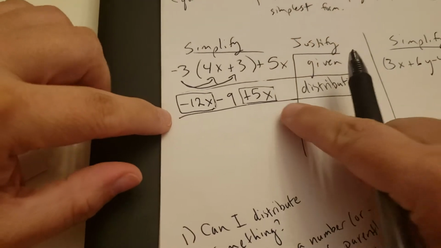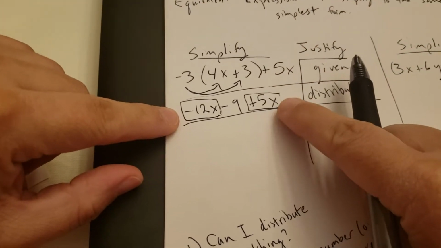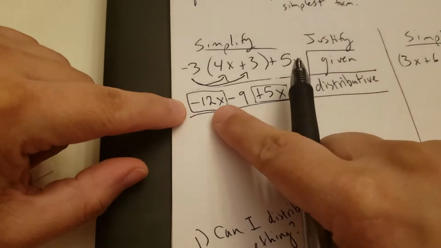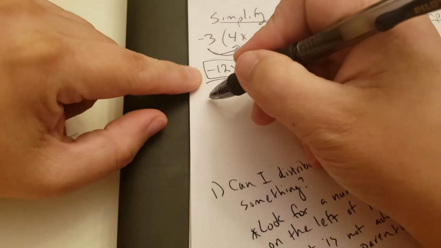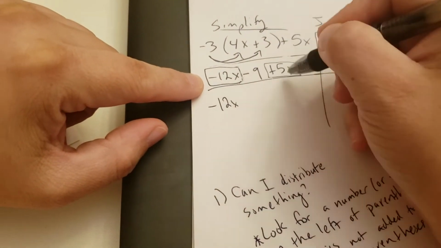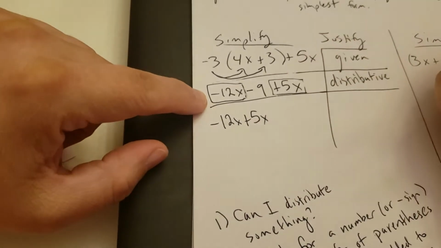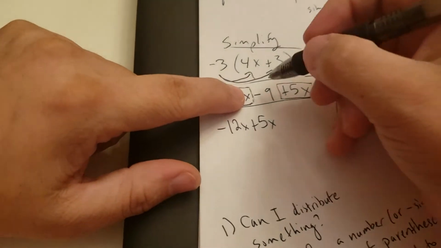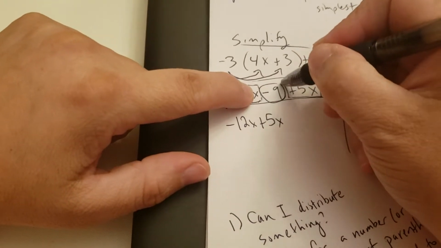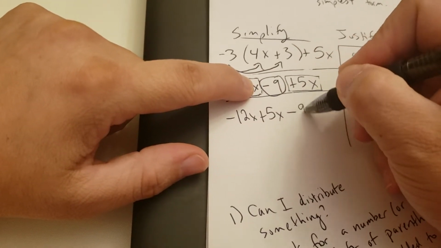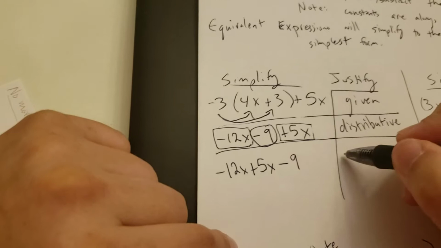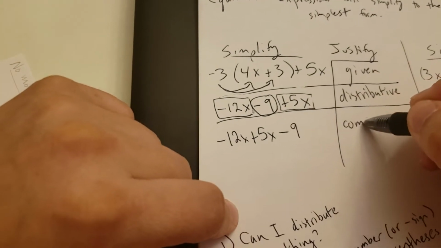So I'm going to use the commutative property to move this guy closer to that one so I can see them next to each other. Okay, and I can't forget this minus 9 or the negative 9, so I'm going to make sure I put that in as well. And that was using the commutative property.